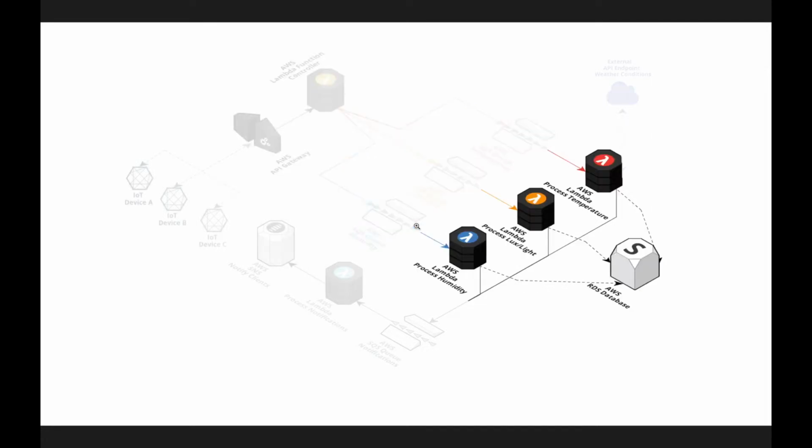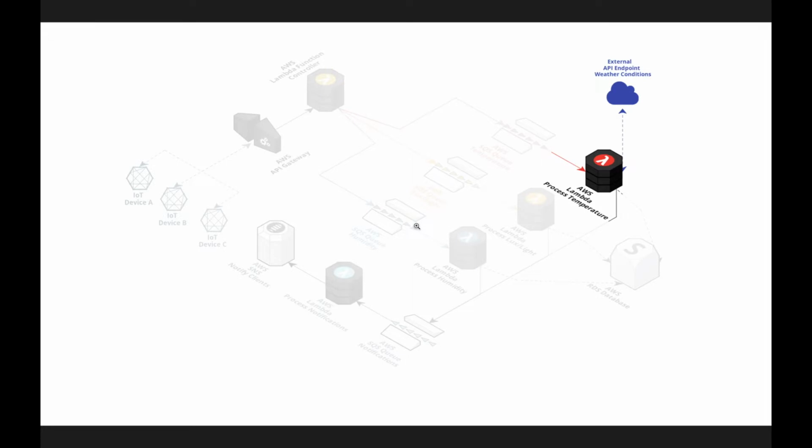Now from these queues, the information is then consumed by their own respective lambdas. The job of these lambdas is basically a few things. The first will be to determine if there are any alerts that should be generated from these sensor values. If any alerts should be generated, these will essentially be pushed into the notification queue, which we'll get to in a second. And the last part of these lambdas is to write these values into an RDS database.